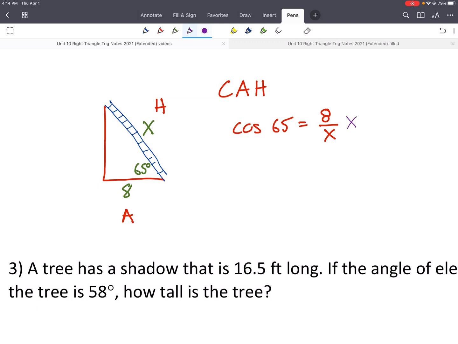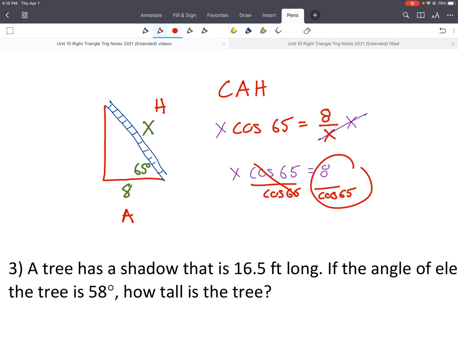We'll multiply both sides by x, and then we'll need to divide both sides by the cosine of 65. And we'll get x is equal to that. So we'll plug that into our calculator, and we'll get x is approximately equal to 18.93 feet.